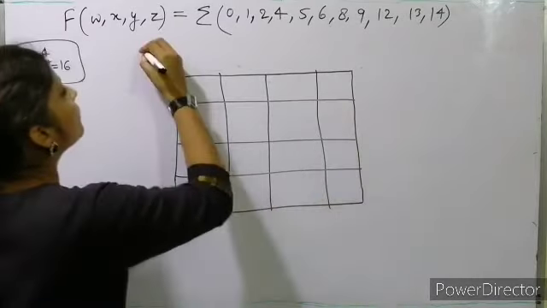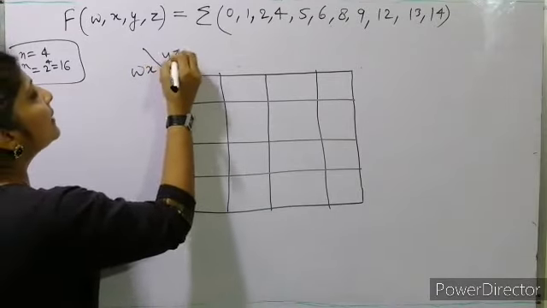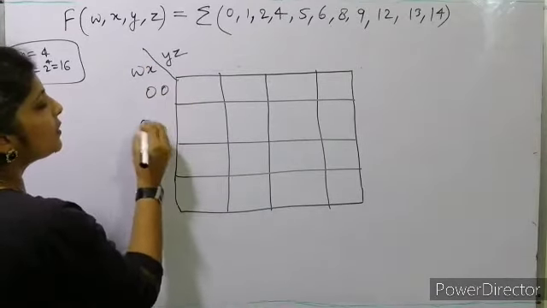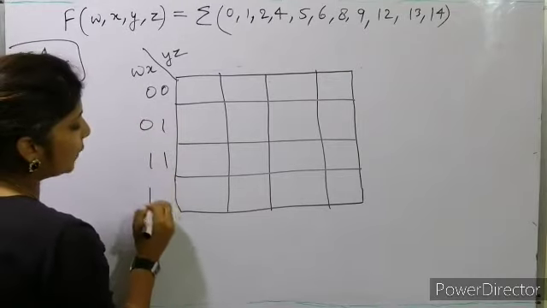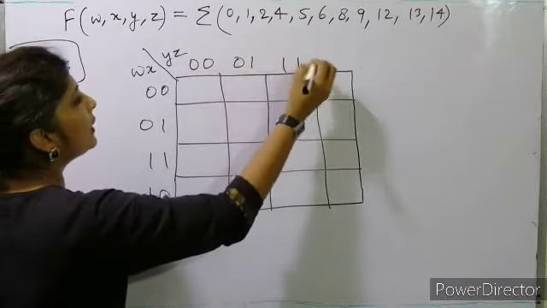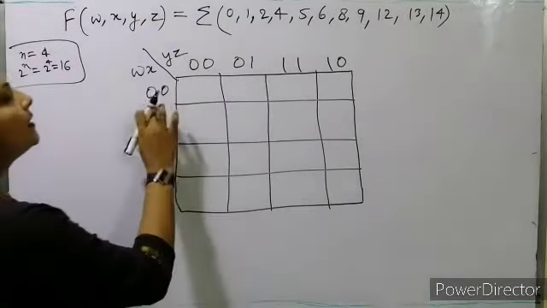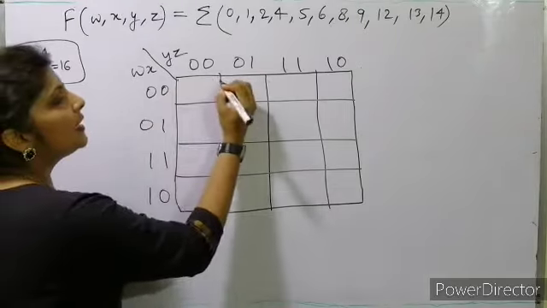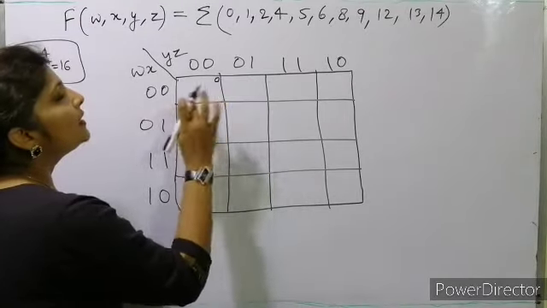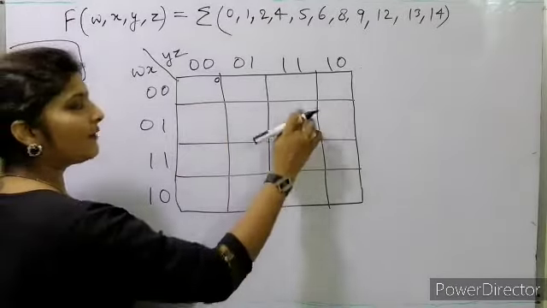Now w x y z, 0 0, 0 1, 1 1, 1 0, and 0 0, 0 1, 1 1, 1 0. Okay, so in this, 0 0 0 0, this will be 0. Okay, 0 1 2 3. Okay, 4 5 6 7.